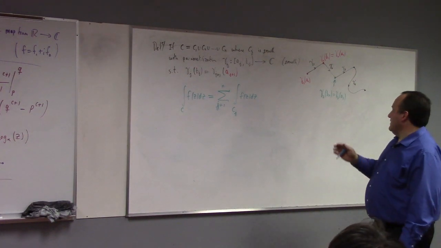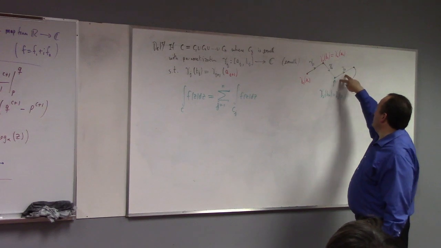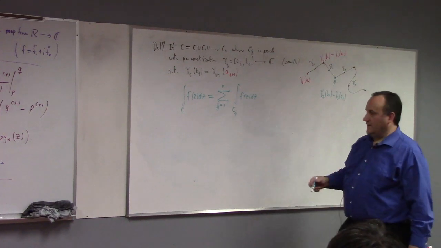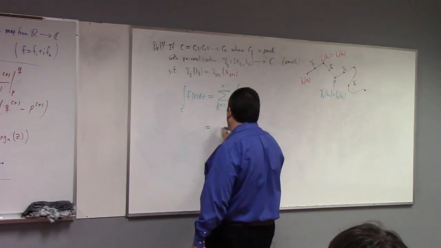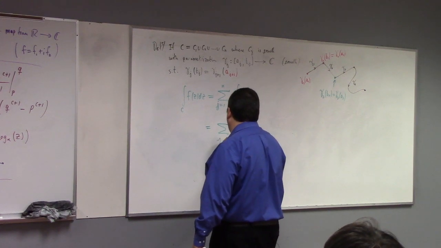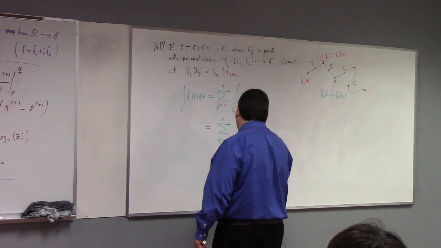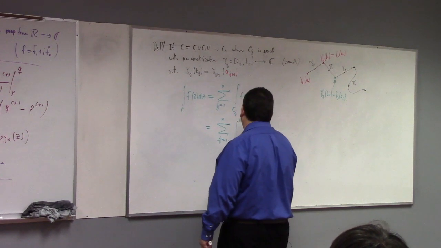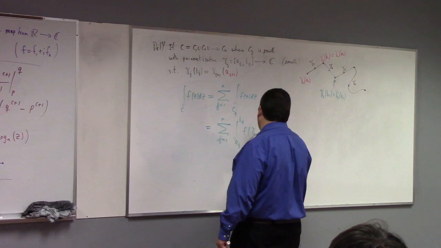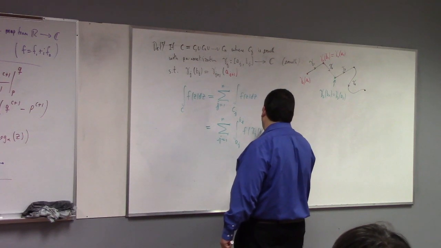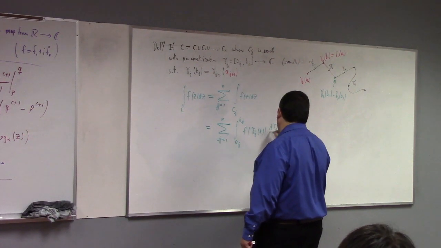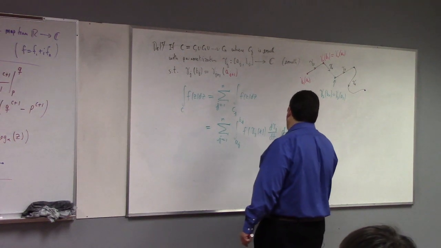So we just simply add the integral on each subpiece like that, which, if you want me to get into the minutia of it, is the sum j equals 1 to n of the integral from a_j to b_j of f of gamma_j of t times d gamma_j/dt dt.